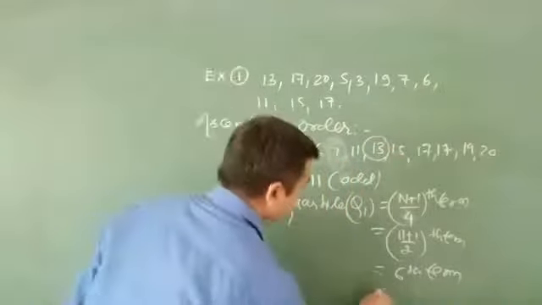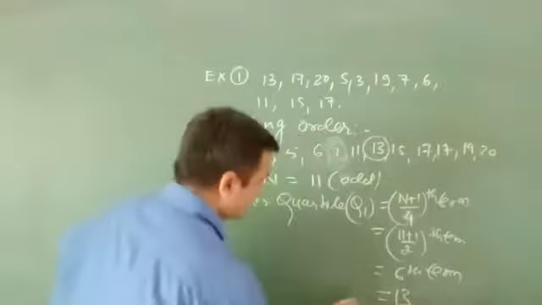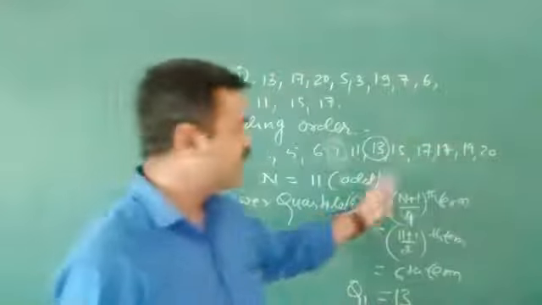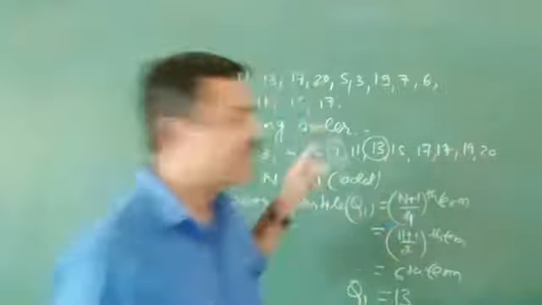This is 13. So the lower quartile Q1 is 13, and you will not count from this side.